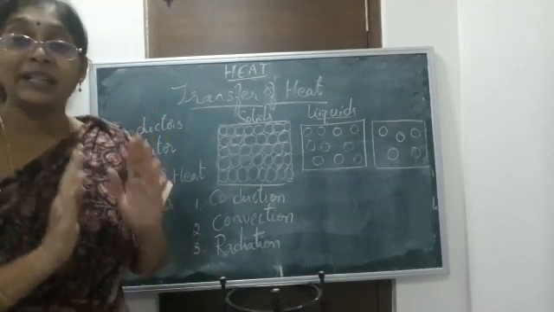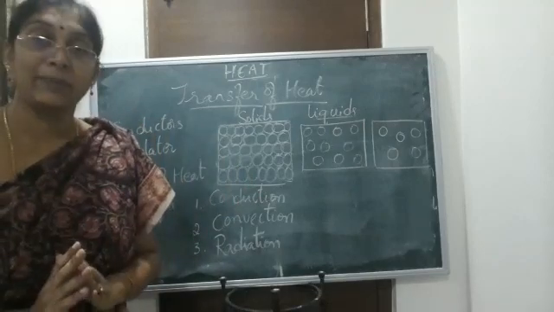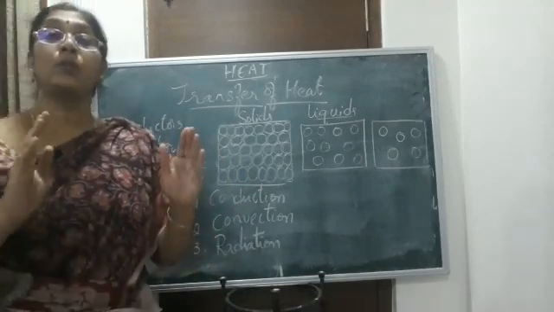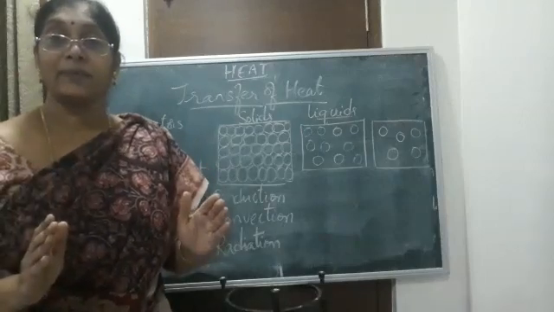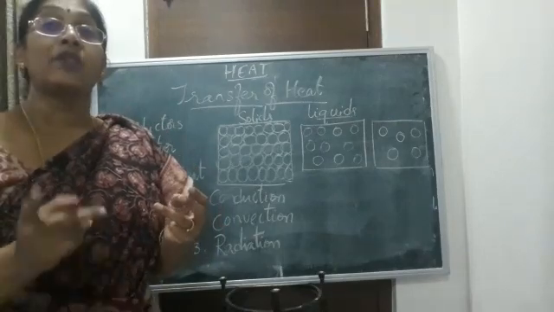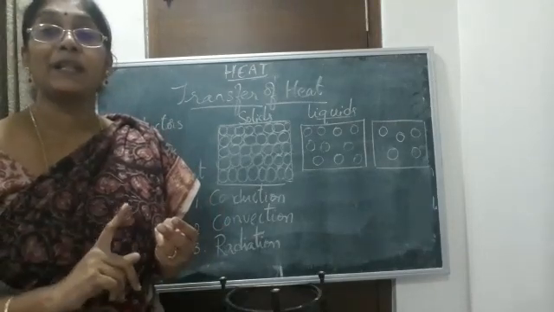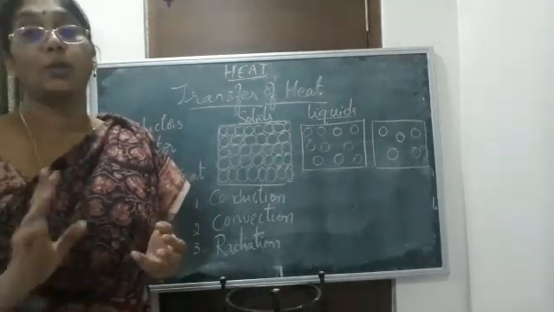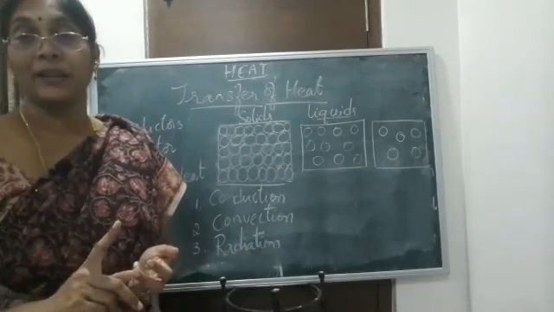If transfer of heat has to take place, the temperature of two objects has to be different. Then transfer of heat always takes place from hot object to cold object. That is the second thing.